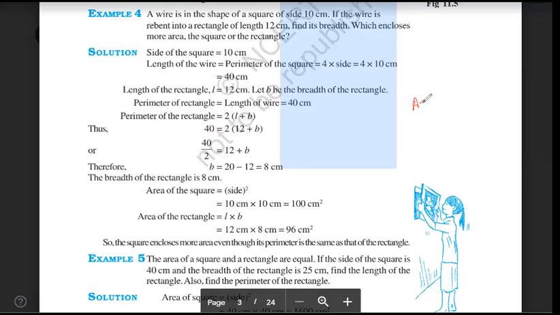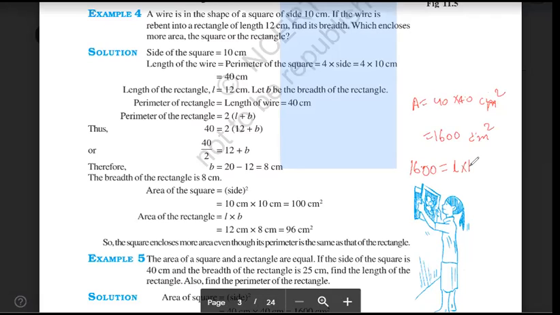So area of square is equal to what? 40 into 40 centimeter square, which is 1600 centimeter square, right? And the area is equal to area of rectangle, means this should be equal to what? This should be equal to length into breadth.